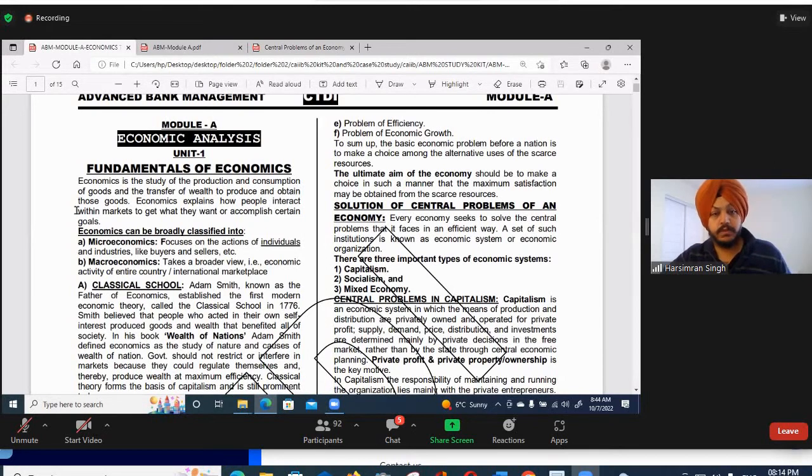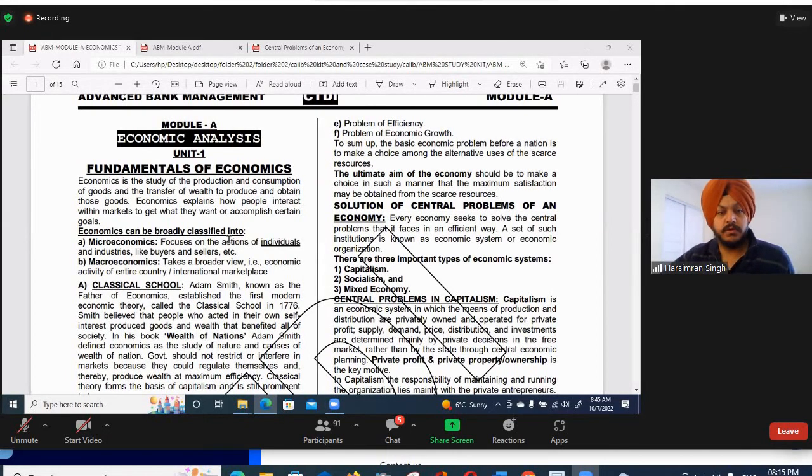Now, see this. Fundamentals of economics, chapter number 1. What is economics? No, Mr. Sebastian, capital budgeting, you don't have to do capital budgeting. You please don't touch it. Capital budgeting does not come in your ABM, so just leave it. Okay. Somebody once told us that capital budgeting questions have come, but they have never come. So leave it, forget it.